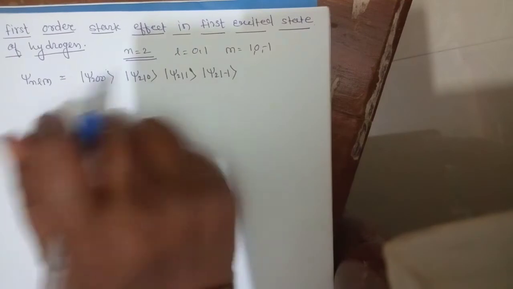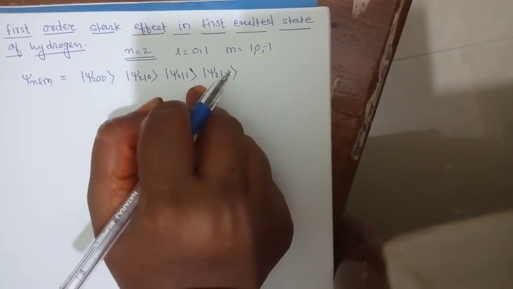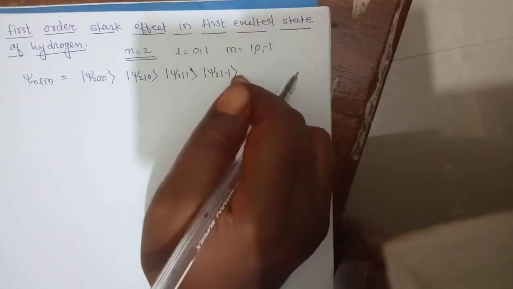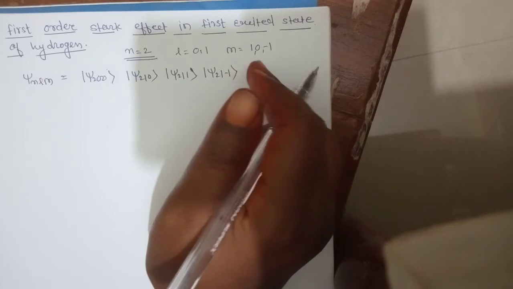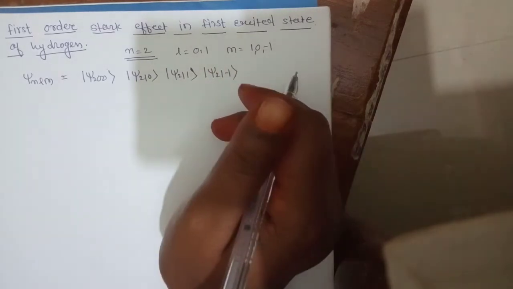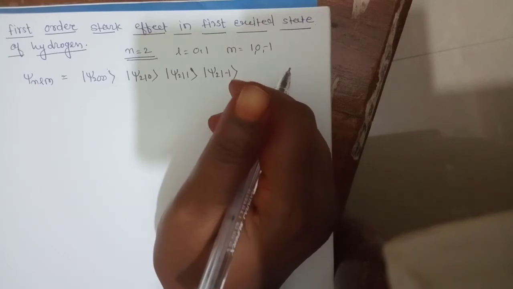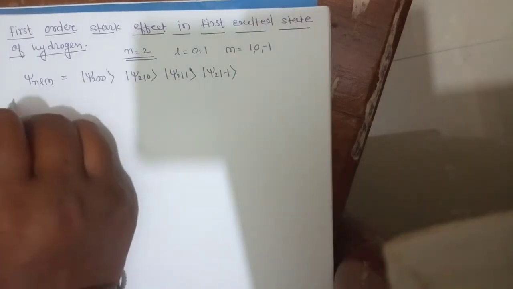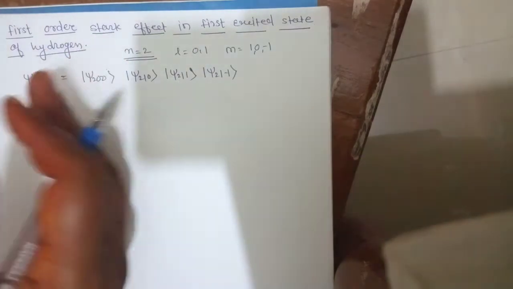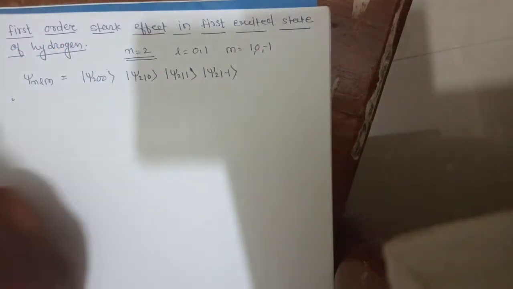These are the four wave functions for the first excited state of hydrogen. Since there are four wave functions, the degeneracy is 4, so we call it fourfold degenerate.